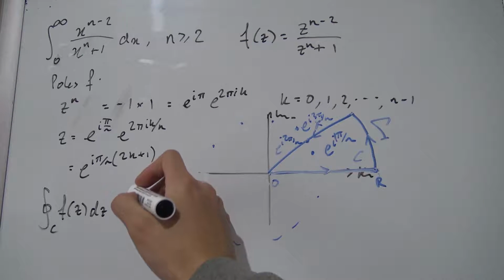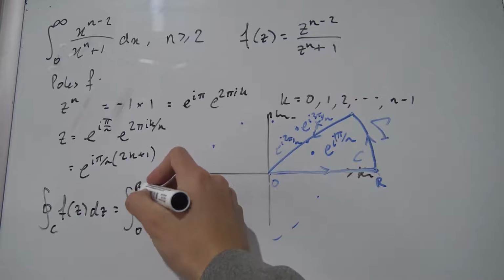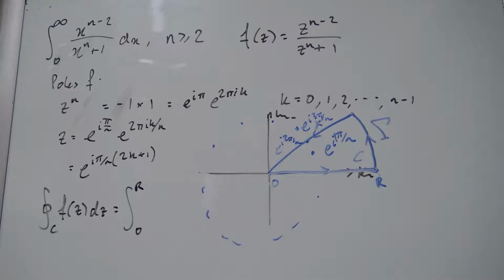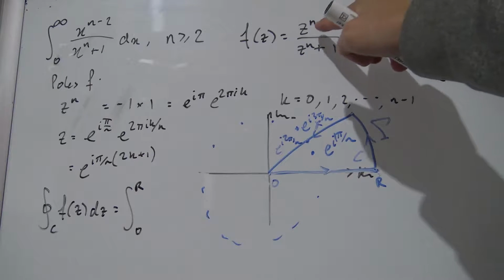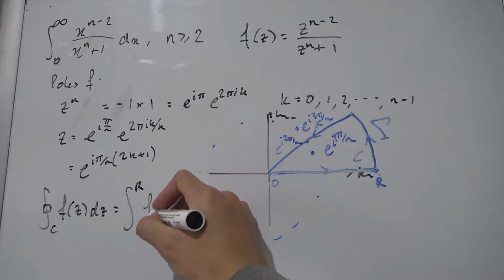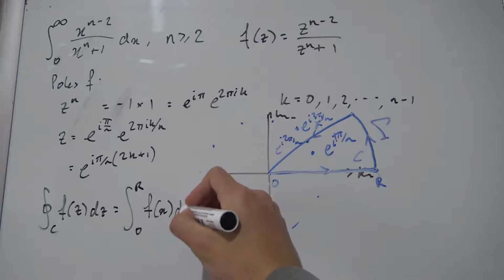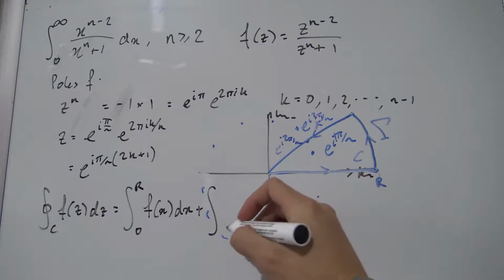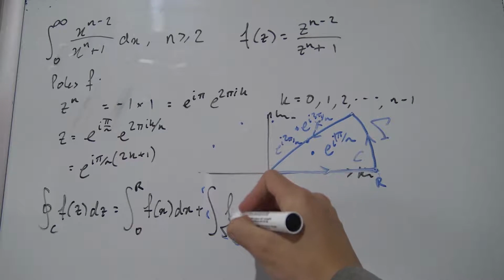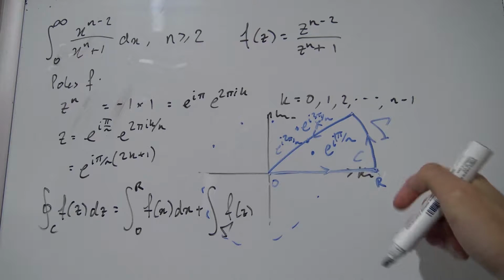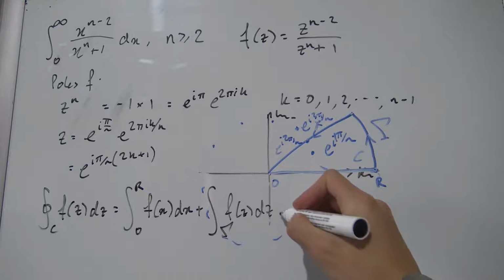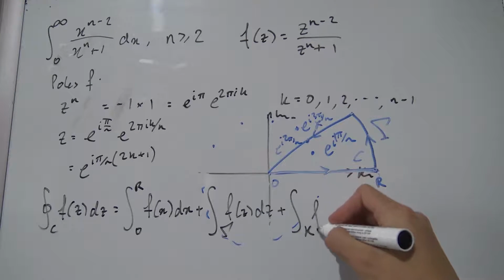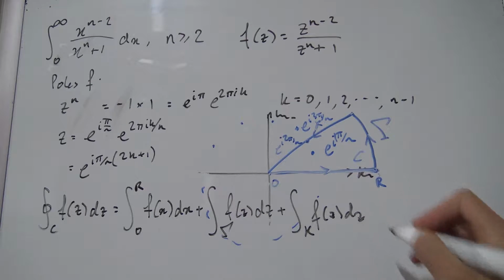That's the integral from 0 to r, and since this path is on the real number line, we don't need the z's; we're just integrating on the real numbers, so we can write f(x) dx. Then plus the integral over this gamma curve of f(z), because in the complex plane we have to use the z, and then we add the integral along this kappa of f(z) dz.